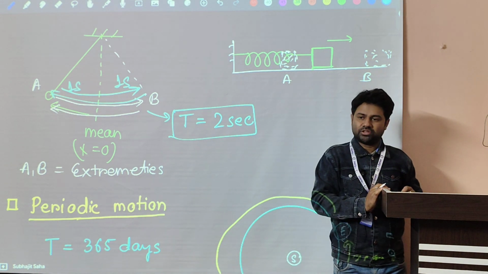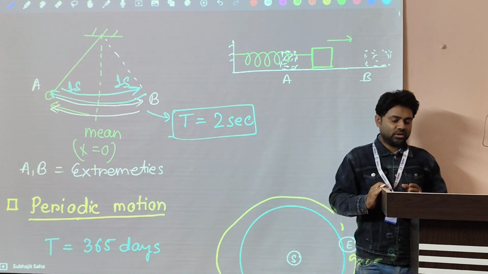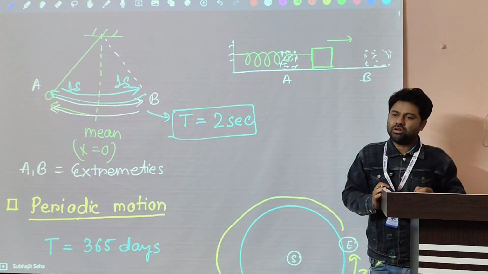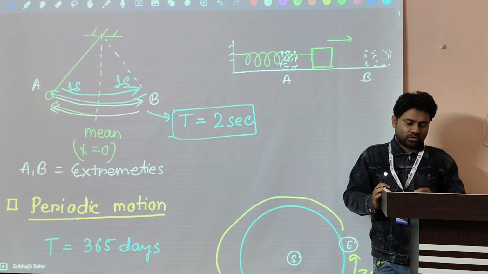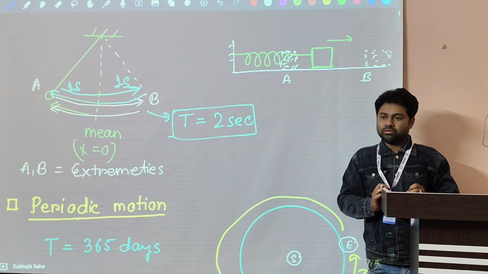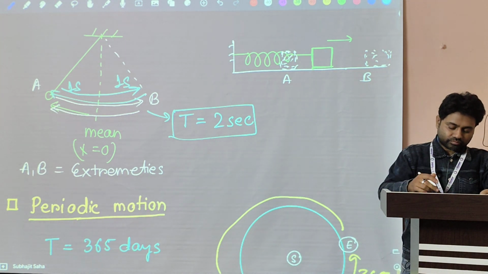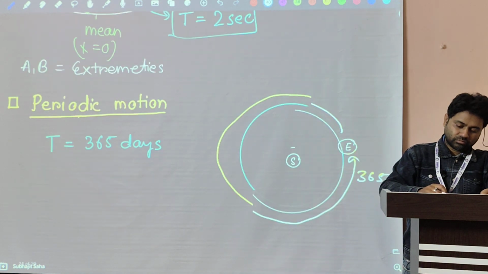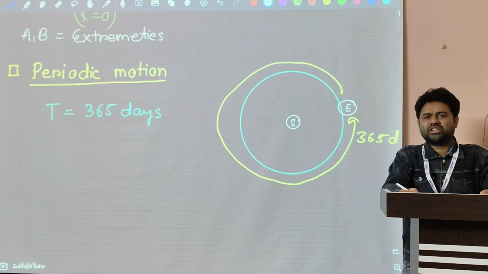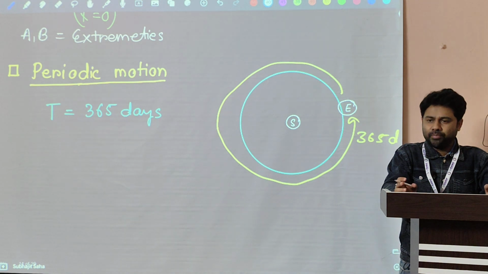So total 2 seconds are taken by the pendulum in one oscillation. So this motion is also periodic. Oscillation and also periodic. So any motion that has a fixed time period is called a periodic motion.